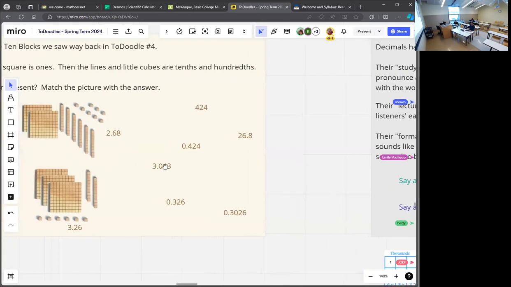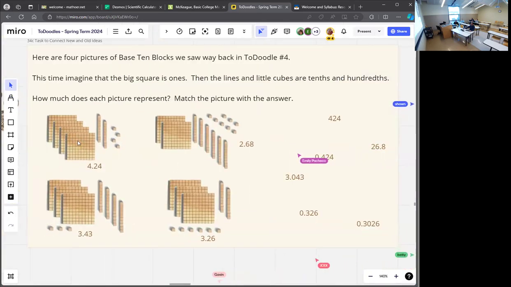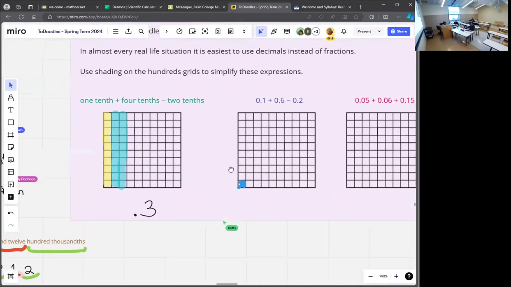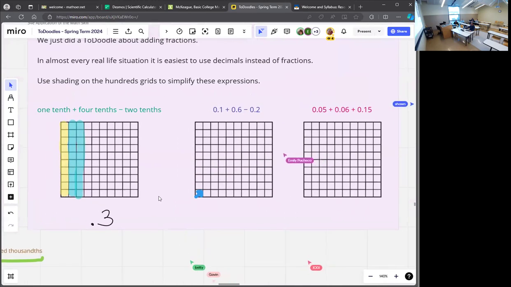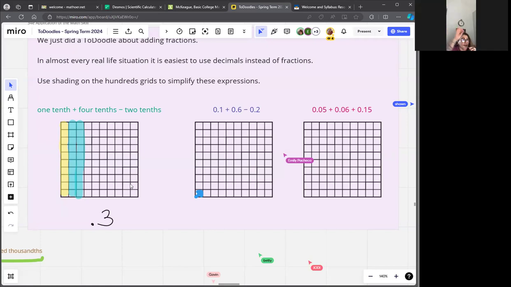Remember that the blocks are holes, the up and down lines are tenths, and the little guys are hundredths, but we're not using them, at least not yet.